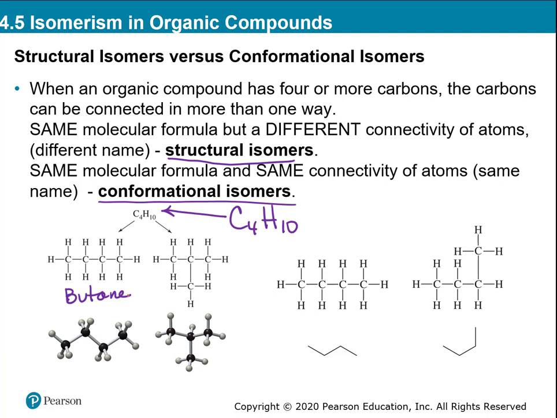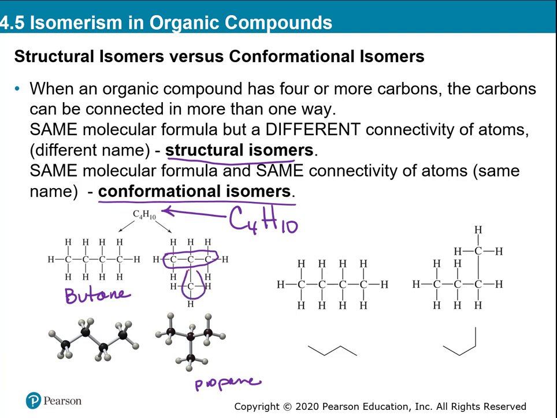But if I look at the second one, if you count, it still has 4 carbons, still has 10 hydrogens, but you can see that it's not put together the same, right? So it's 3 carbons in a chain and then 1 carbon hanging off of the middle. So 3 carbons would be propane.